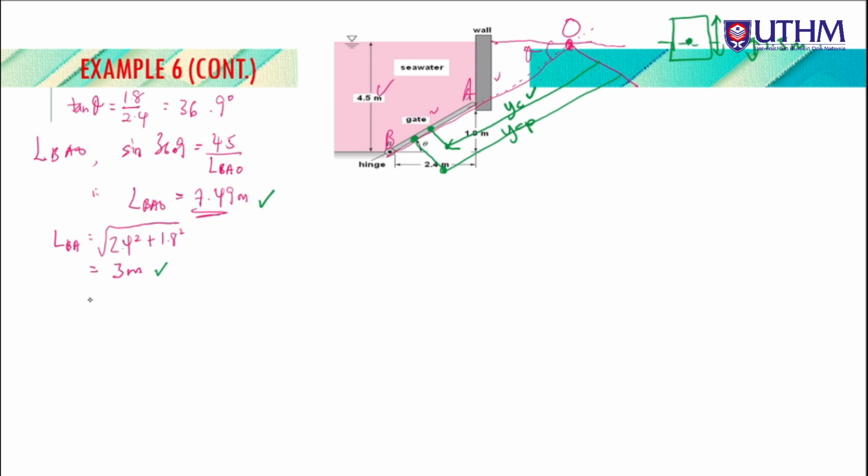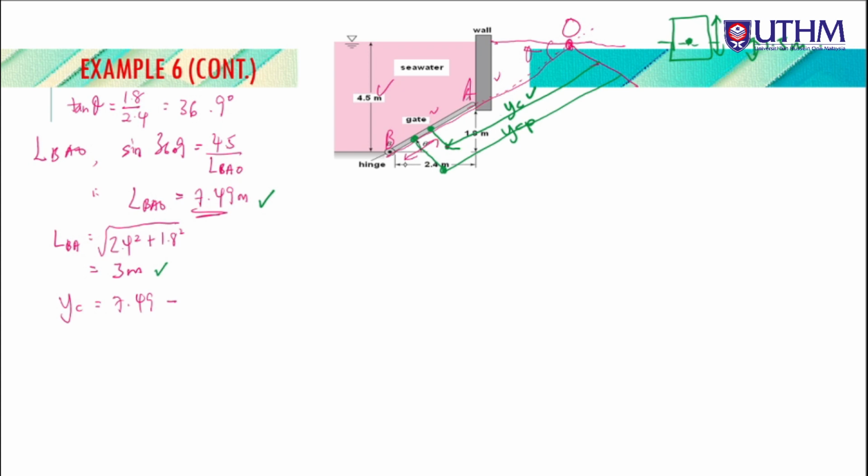So YC should be panjang keseluruhan BAO ni adalah 7.49 tolak, sebab kita tahu dari origin ke sini, so kita tolak yang bahagian sini.